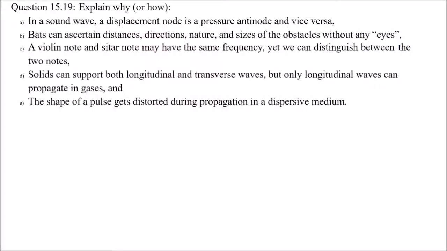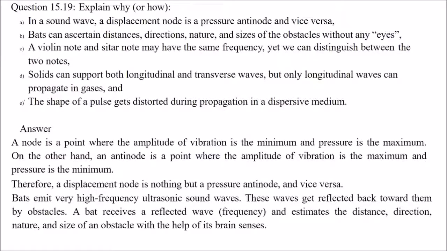Explain why or how in a sound wave a displacement node is a pressure antinode and vice versa. A node is where the amplitude of vibration is minimum. So this is a node, and these are the antinodes. Here at the node, the amplitude of vibration is minimum and the pressure is maximum.